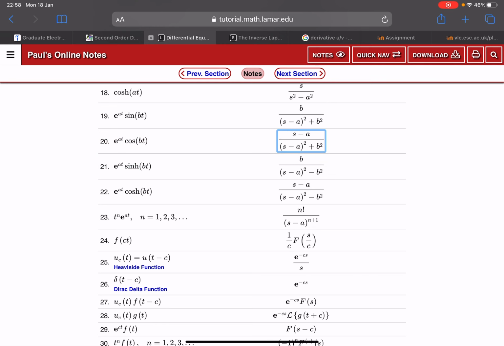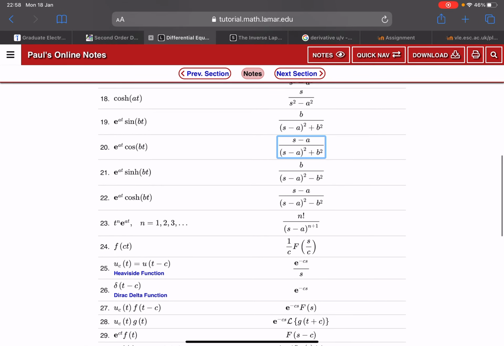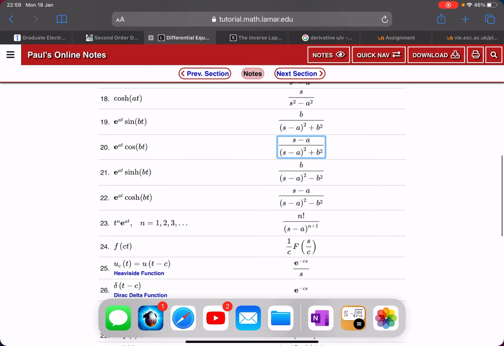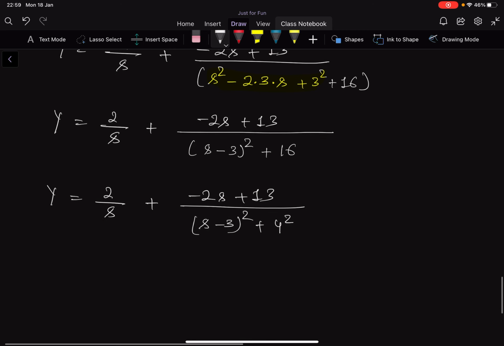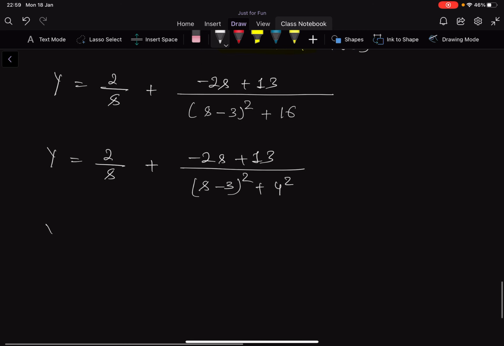Right, s minus a is, in this case, 3, and b is in this case 4. But we need to match the top one, which is s minus a. So we need to do it in such a way that we get s minus 3.